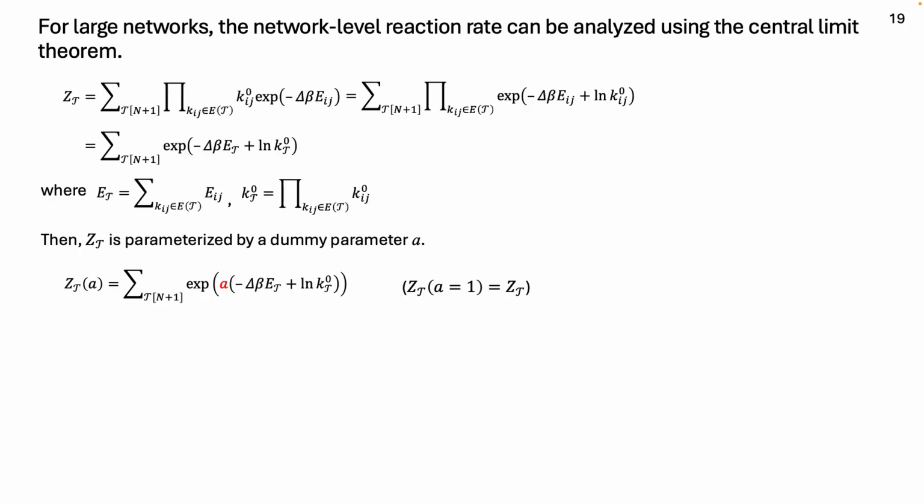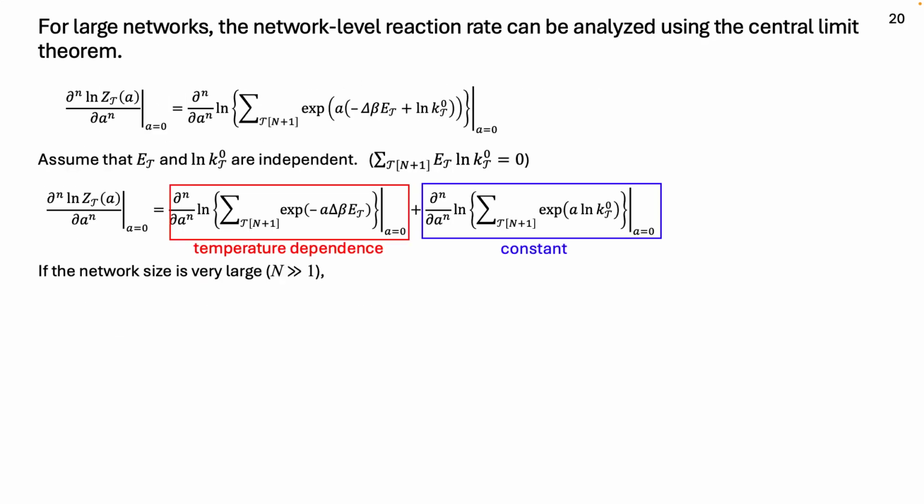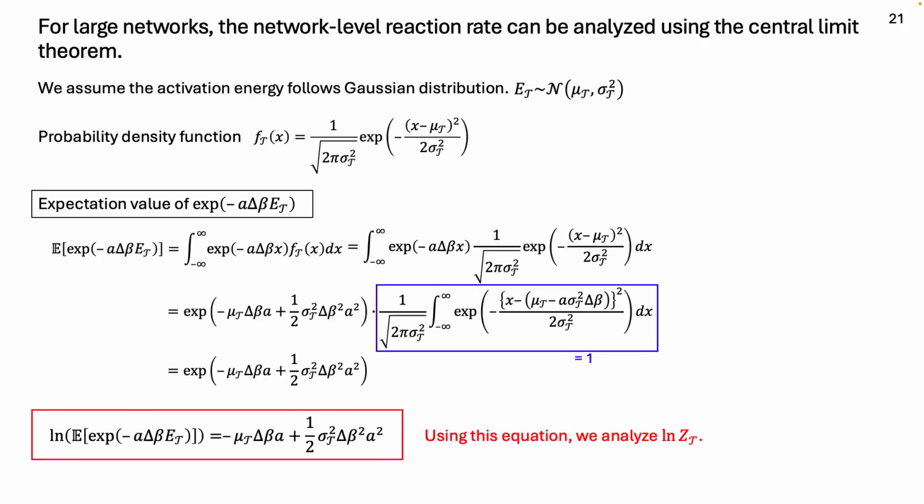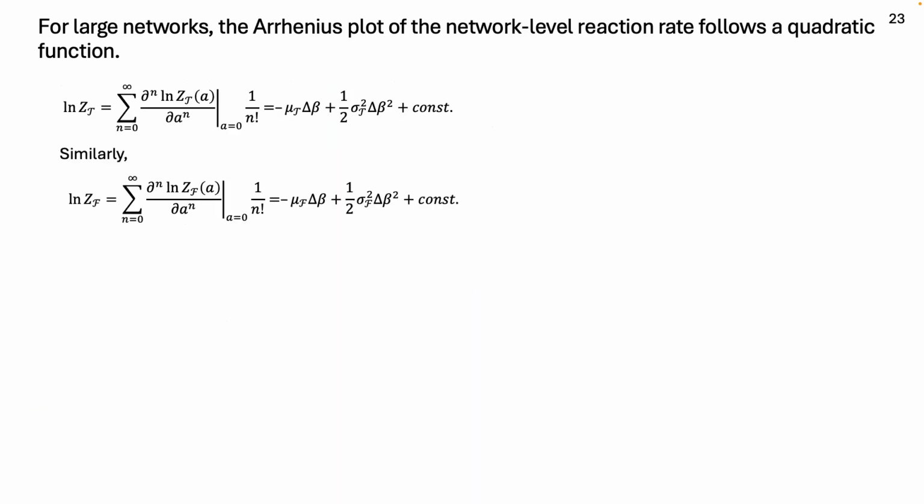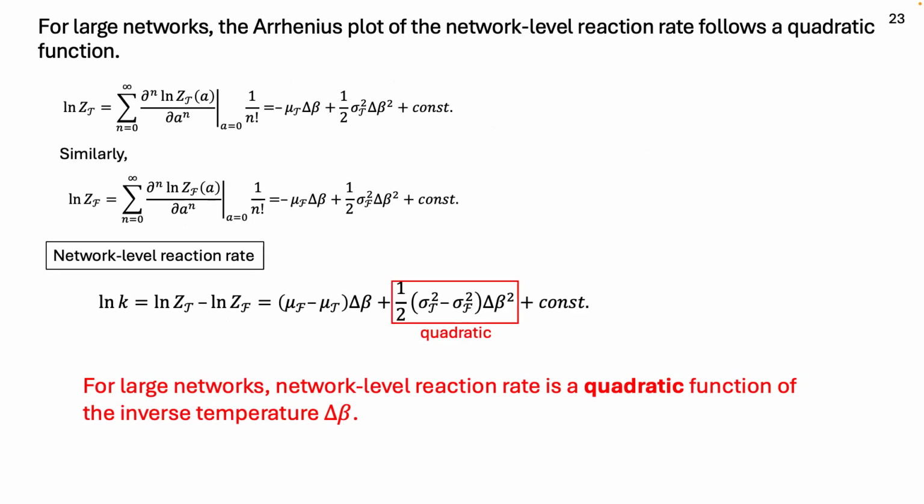I will explain them, but the main conclusion is the log of the reaction rate is a quadratic function of inverse temperature. So the Arrhenius plot should be quadratic. This is the main conclusion. And then we derive this.